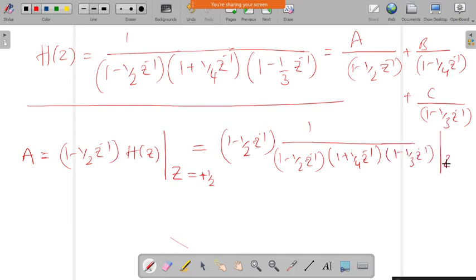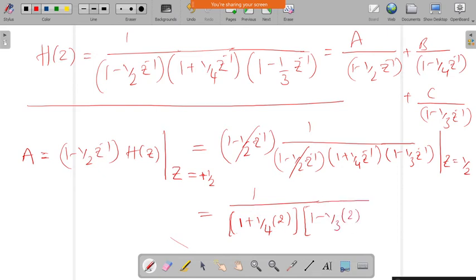So at z equal to half, this will cancel out. Now wherever z is there, you can put the value. z equal to half means z inverse is 2, so that is 1 over 1 plus 1 by 4 into 2. This is one term, and another term is 1 minus 1 by 3 into 2.